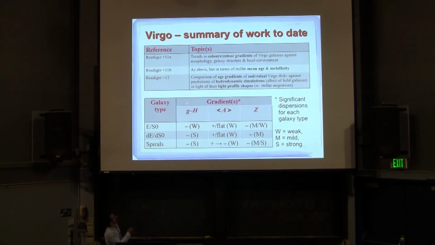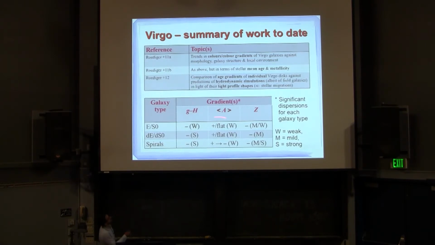And then in 2012, we revisited our data on a per galaxy basis, coupled to the shapes of their light profiles, to try and gain some insight into the evolution of the disk galaxies in our sample vis-a-vis this phenomenon of stellar migrations that was, I guess, largely started by the Washington group.